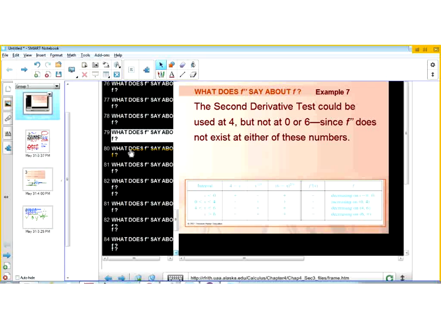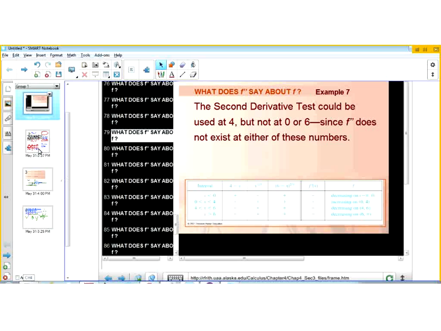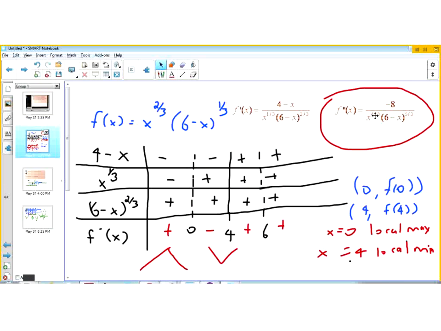Okay, so second derivative. Just using the second derivative test. Okay, so clearly at x equals 4, the second derivative would be what? Let's go back to that slide. So the second derivative is here. So at 4, if we plug in 4, we'll see that the second derivative will be greater than 0.